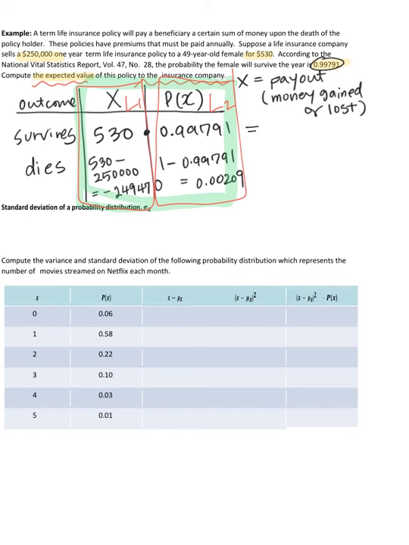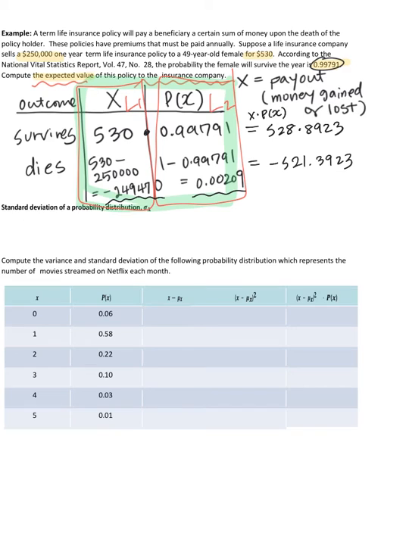So 530 times 0.99791, you're going to get something like 528.8923. Here, what we're doing is x times probability of x. And then down here, you multiply negative 249,470 times 0.00209, so you get negative 521.3923. We don't like rounding decimals until the very end.